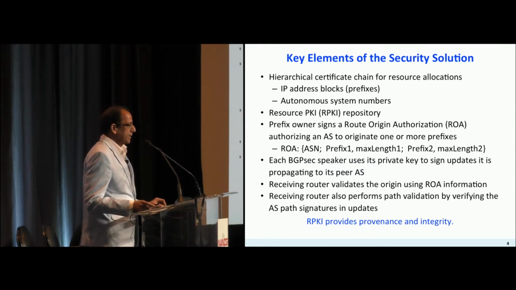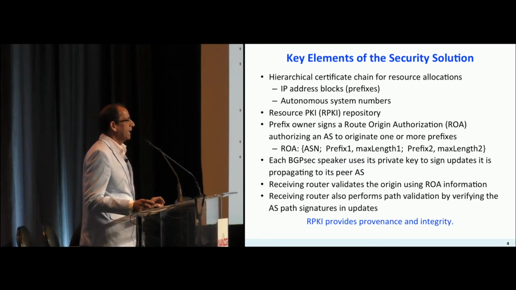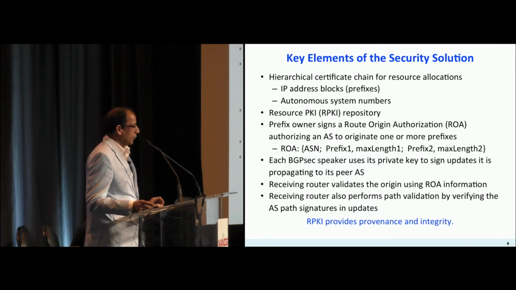There is a hierarchical certificate chain for resource allocations for the IP address prefixes and also for autonomous systems. So once an IP prefix holder has the certificate, they can use the RPKI repository, and they can place a route origin authorization, a ROA, in the RPKI repository.